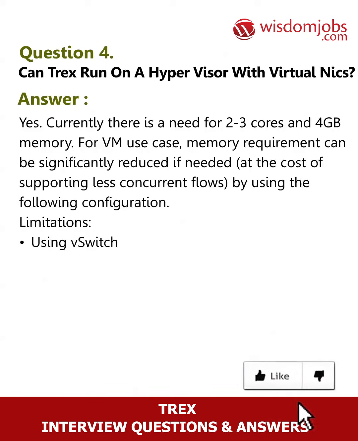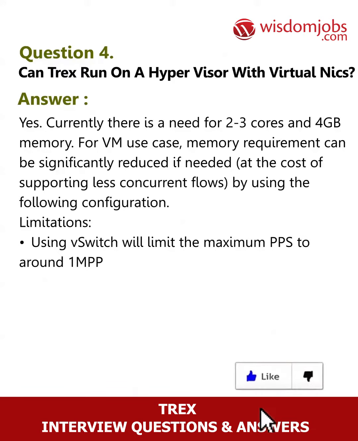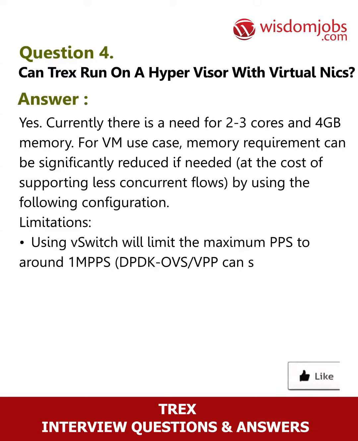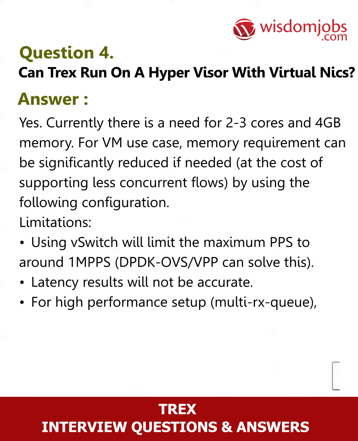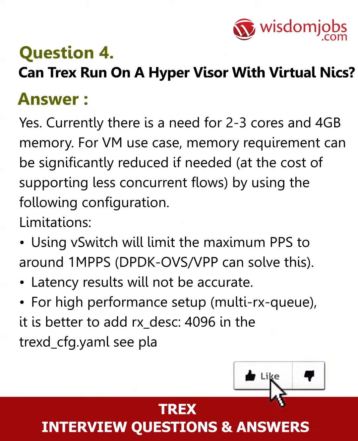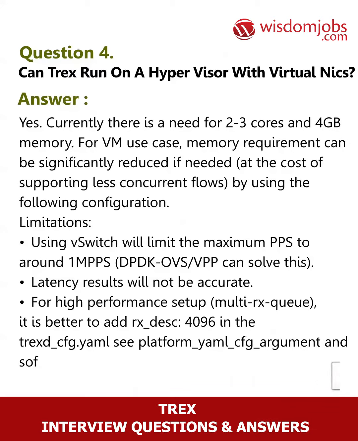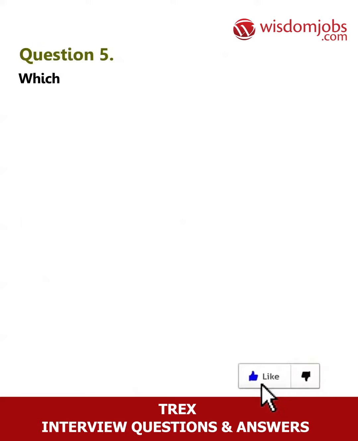Using vSwitch will limit the maximum PPS to around 1 Mpps. DPDK/OVS or VPP can solve this. Latency results will not be accurate. For high-performance setup, multi-RX-queue, it is better to add RX_DESC 4096 in the trex_cfg YAML platform_YAML_CFG argument and software mode.